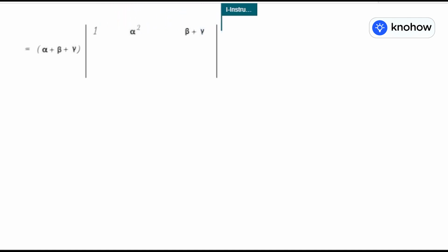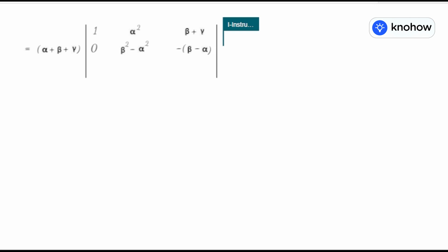Now R2 minus R1 gives you 0, beta square minus alpha square, and you get alpha minus beta, but if you take minus common, that will make it beta minus alpha. Why are we doing so? Because the second element, beta square minus alpha square, when factorized will give you the factor beta minus alpha, beta plus alpha.